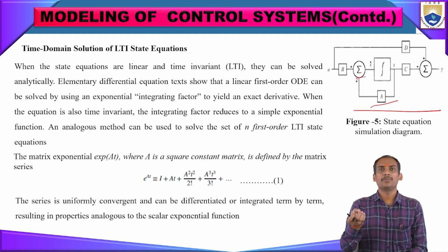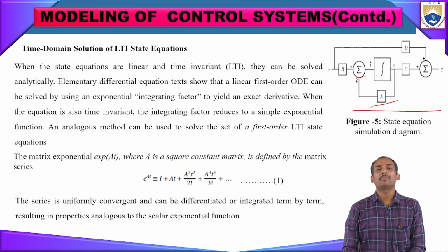analytically. The elementary equation shows that a linear first order ODE can be solved by an exponential integrating factor to yield an exact derivative. When the equation is solved using the integrating factor, it reduces to a simple exponential function.